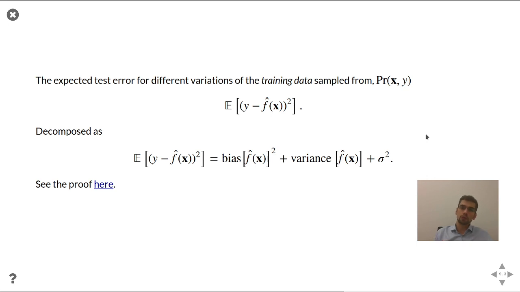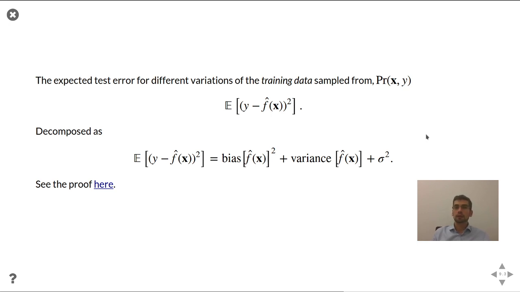So we can sample different training sets from the joint distribution of our x and y, then fit different models using the same set of parameters, say the same value of alpha or the same set of features, and then calculate the expected value of this quantity.